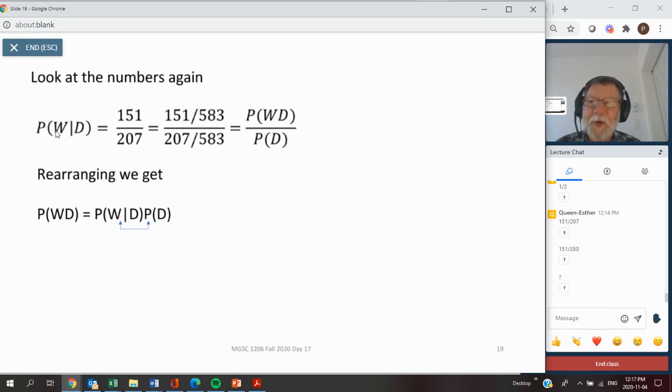Worried given depressed. So that 70% I was working with before, these were the numbers that were worried among those that were depressed. And if I divided top and bottom by 583, which you're allowed to do, dividing both top and bottom by the same thing, this number on the top would be worried and depressed, and on the bottom is the proportion that are depressed.